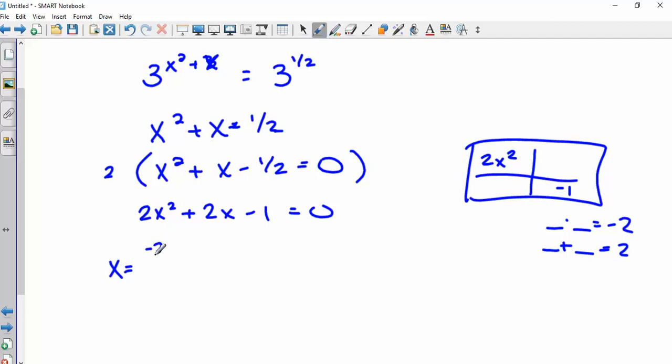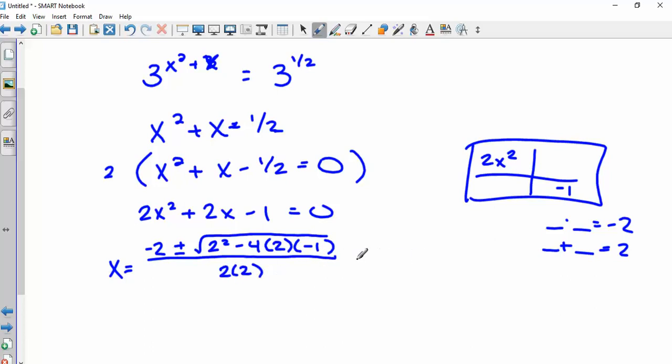Opposite of b would be a negative 2 plus or minus the square root of b squared minus 4 times a times c all over 2a. So I get 8 plus, oh no, that's 2 squared. So 4 plus 8, so a 12.